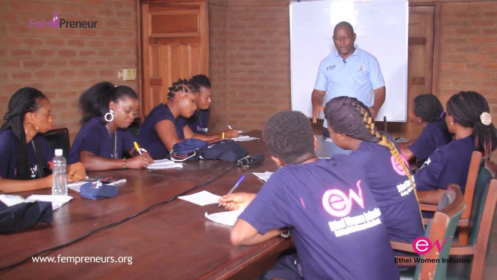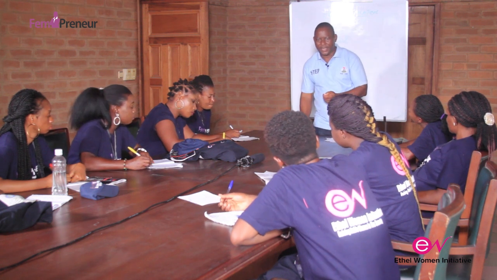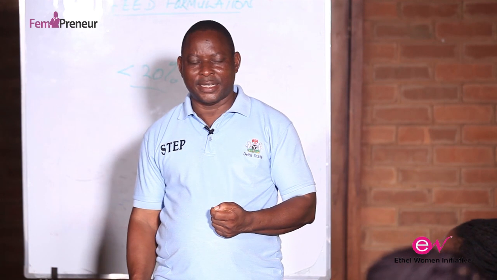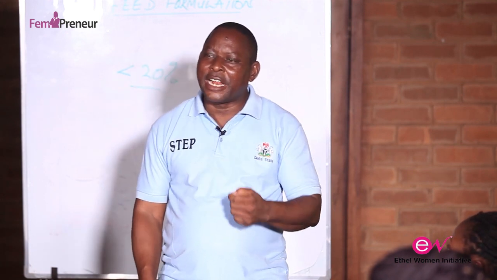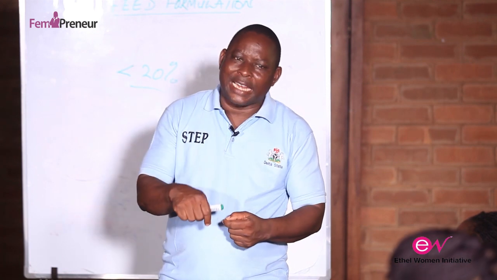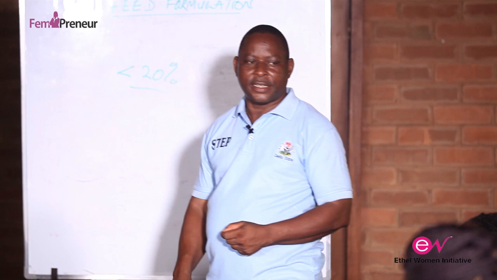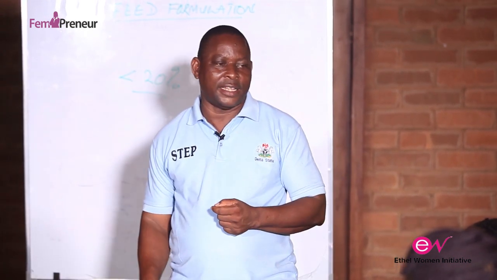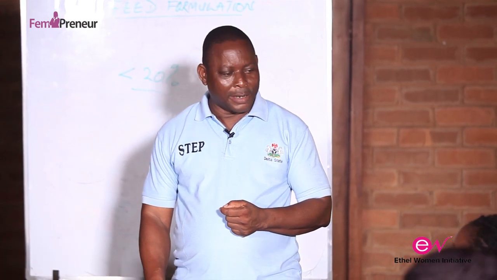Now, I bring you down. If I have maize, you know maize. I take maize to the lab to analyze. And if they analyze the maize, they tell me that the crude protein inside the maize is less than 20%. We say that that maize is a carbohydrate raw material for animal feed.